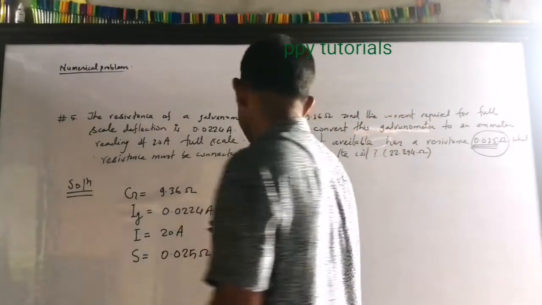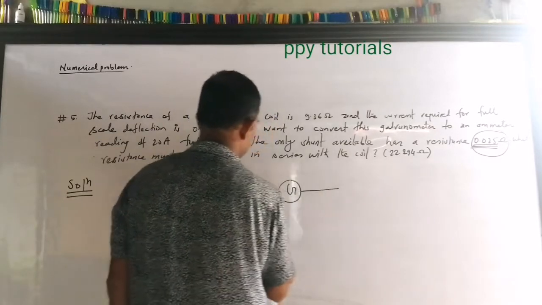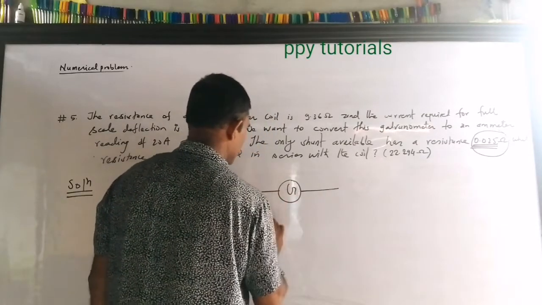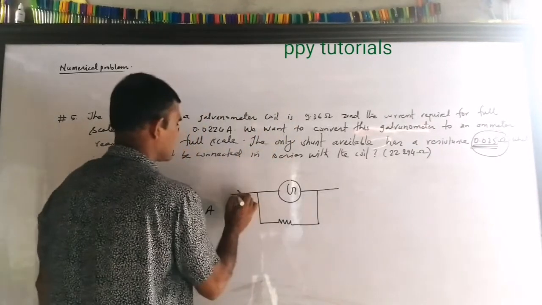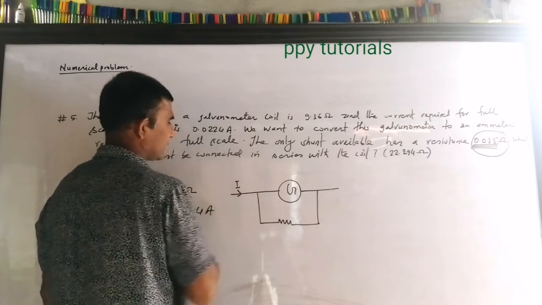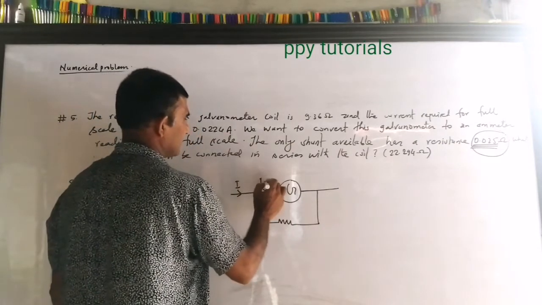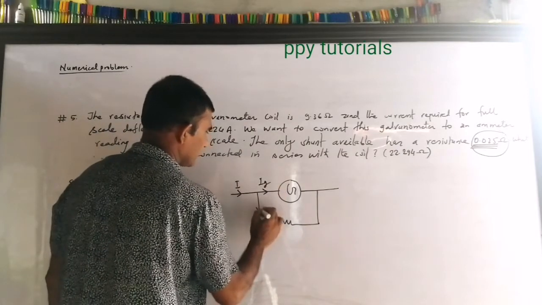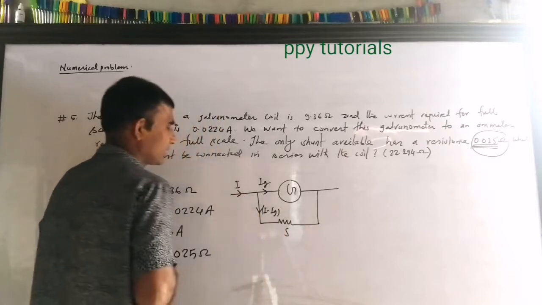So let me draw this galvanometer here. This time the shunt is already given, so the shunt value is given here. The maximum current that we want to measure is I, and the maximum current that the galvanometer can bear is Ig. The remaining current, I minus Ig, should go through the shunt, and this shunt is also given.